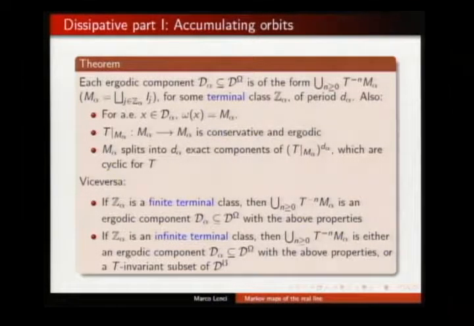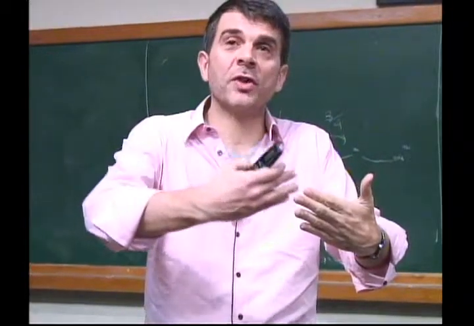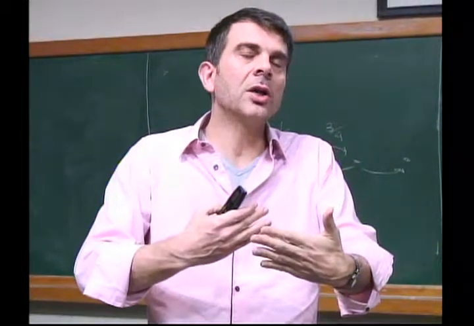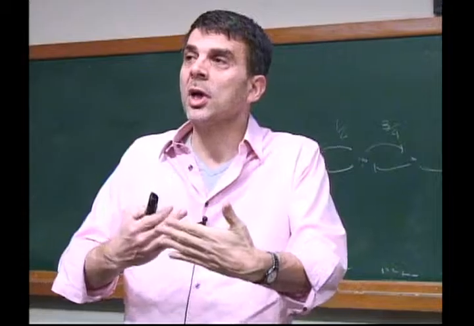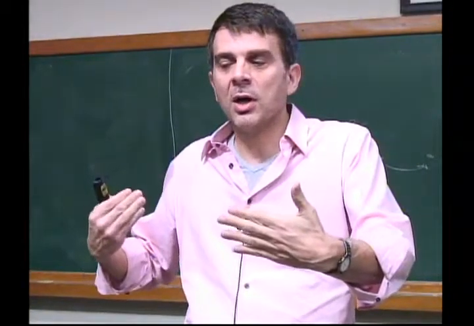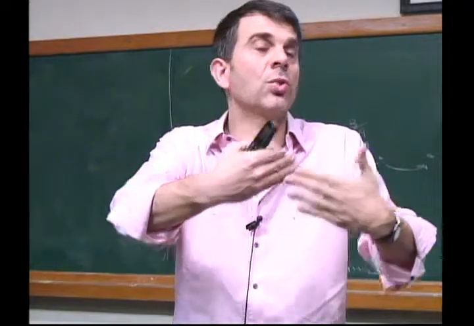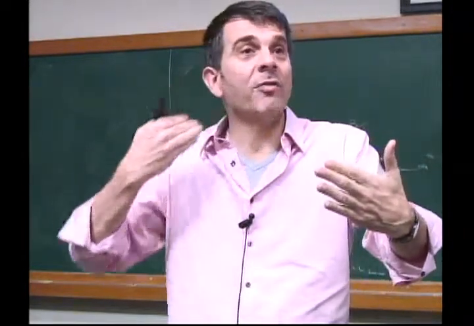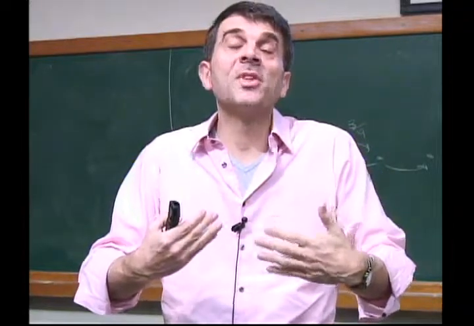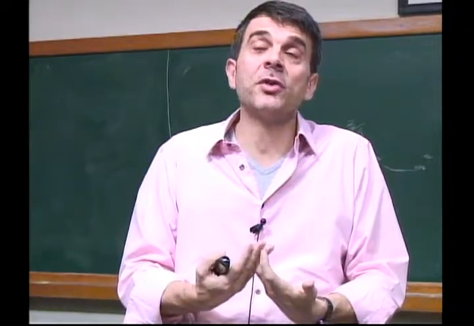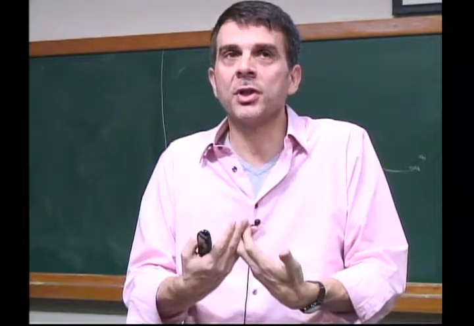So basically, this d omega is made of ergodic components which would like to be exact. They are exact, in fact, but would like to have the same property as before, except that they have a basin of attraction. So the problem here, you're not belonging to the conservative part, so you're not recurrent. The problem is in the past, because there are non-essential states, so states which send measure to other parts of the phase space without ever receiving back measure, for which conservativity cannot hold, the recurrence cannot hold.